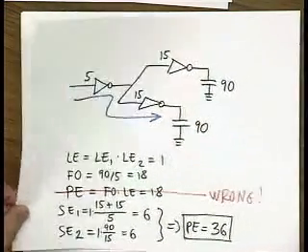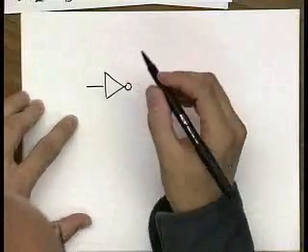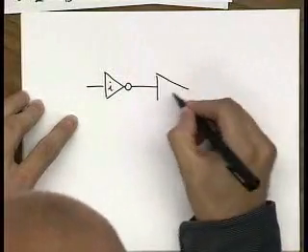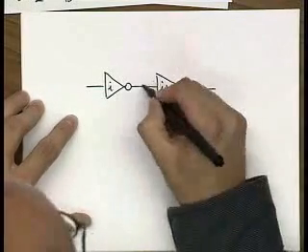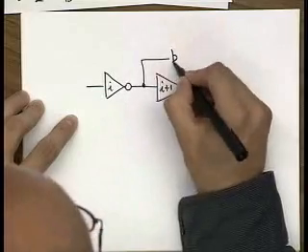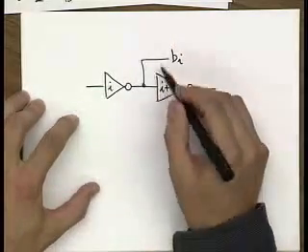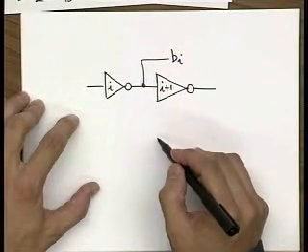Okay? And in general, when you're doing sizing, this is the situation that you have. You have a stage i, and then stage i plus 1. And then you have this branching factor, Bi, defined at the output of this stage. What this branching factor means is that you have Bi identically sized parallel inverters over here.